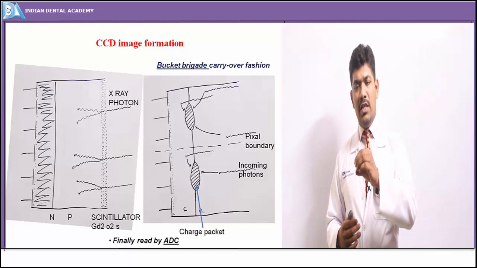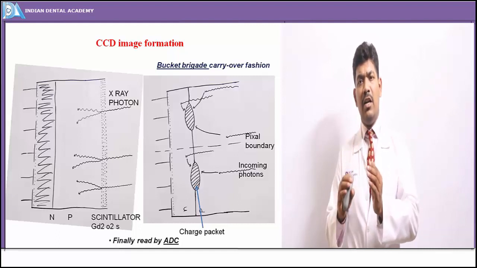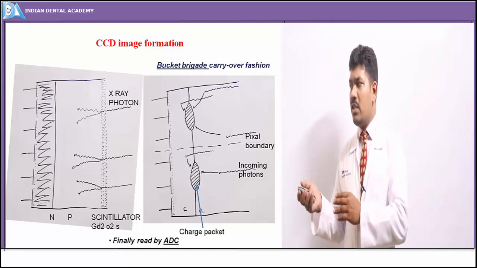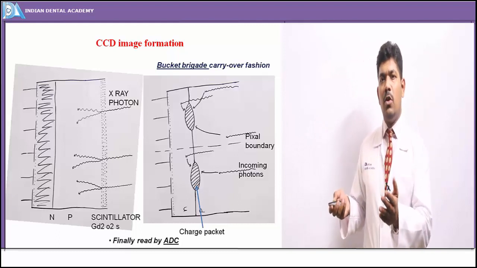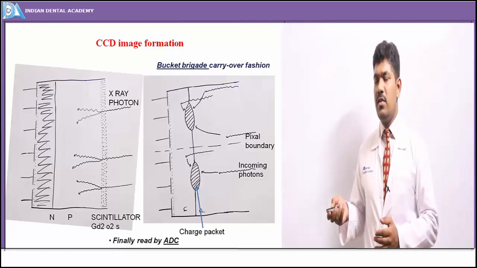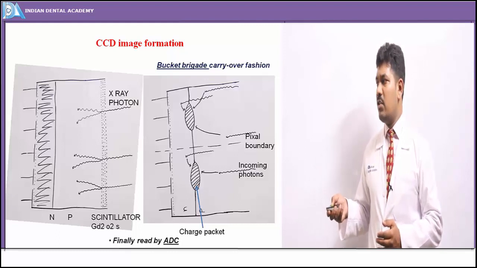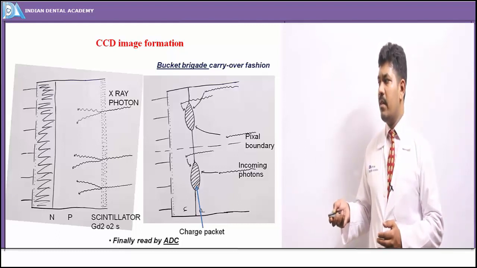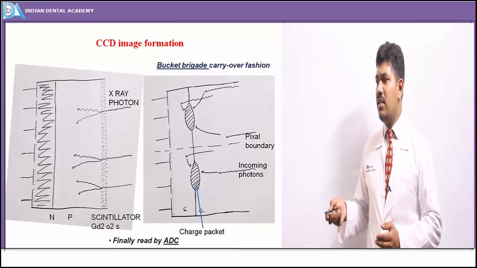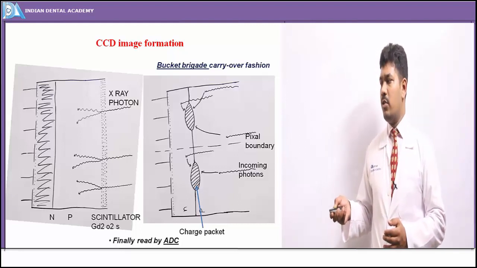This particular energy is stored in a kind of packet, or charge packet, which is then transferred across the whole length of the silicon semiconductors, stored temporarily at the NP junction, as you can see over here, which is the pixel boundary, and this is detected by the electrodes.